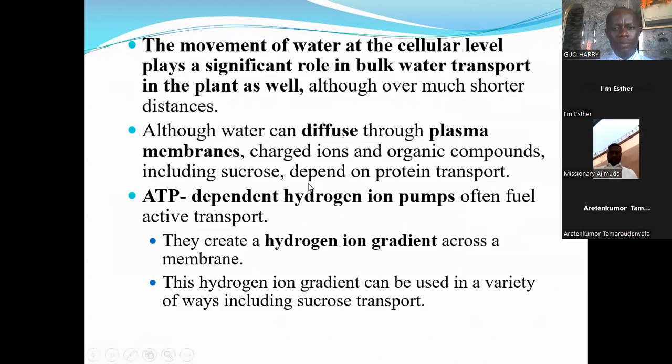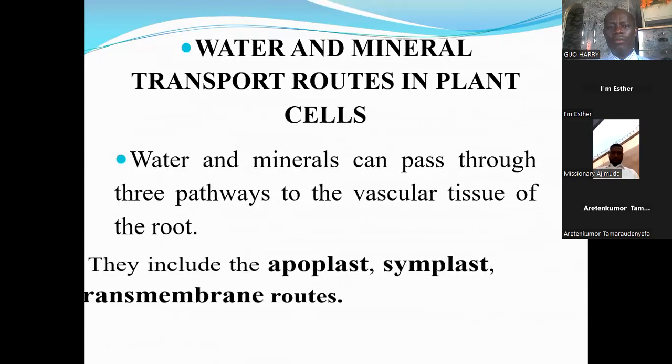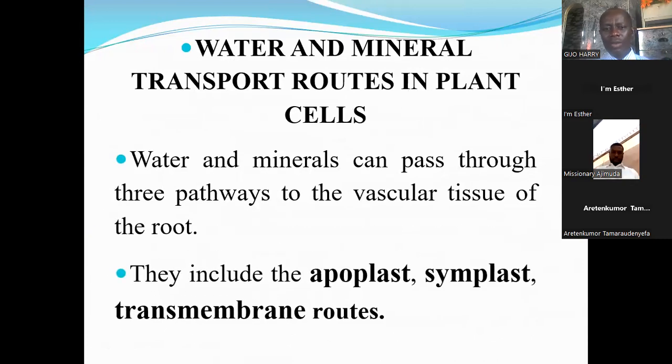The movement of water in cells is a result of ATP-dependent hydrogen pumps. And these fuel active transport; they increase the hydrogen ion gradient across membranes. Then we also looked at water and mineral transport routes. We said we have 3 transport routes. They include the apoplast, symplast, and the transmembrane route.